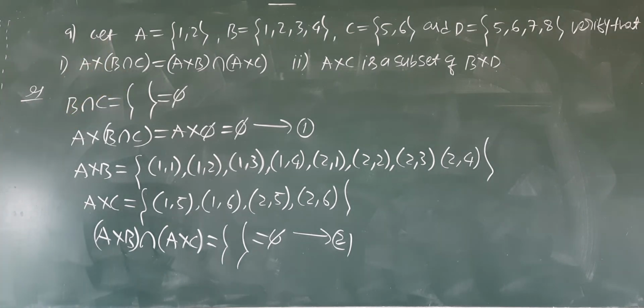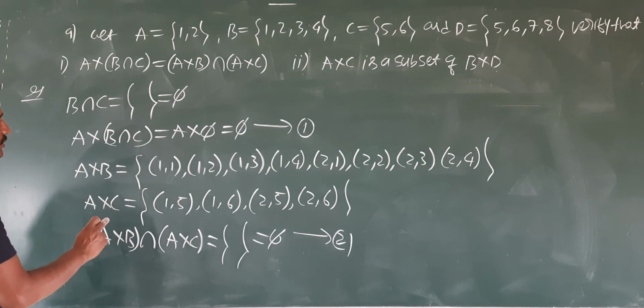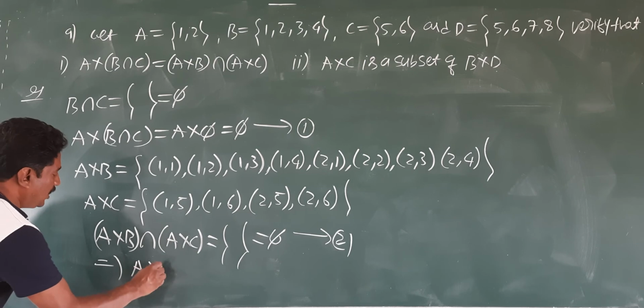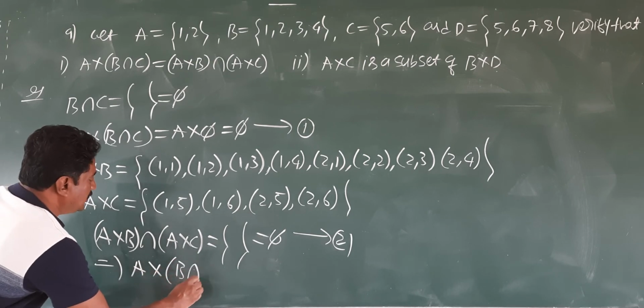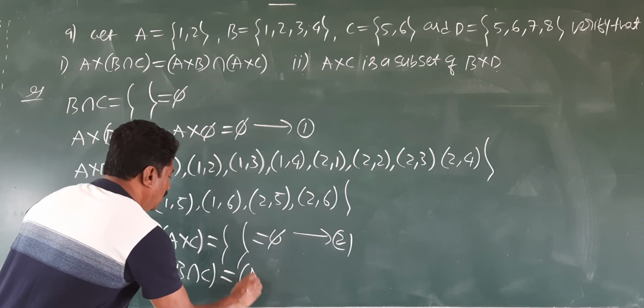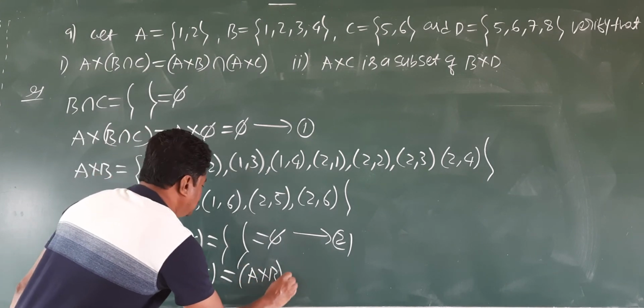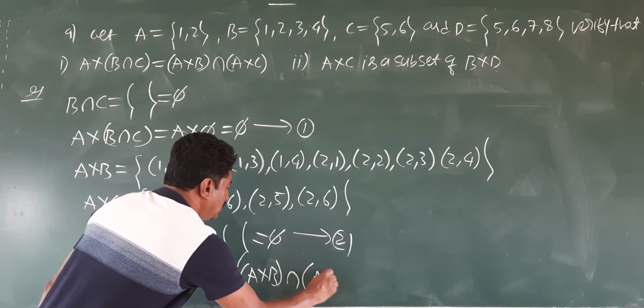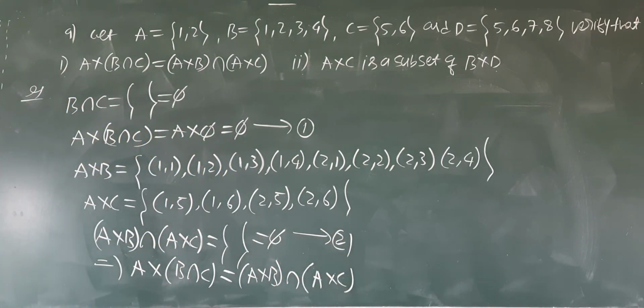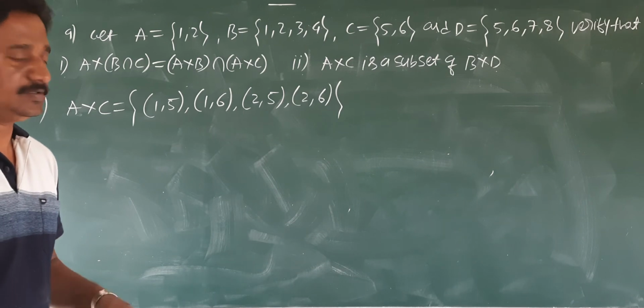From 1 and 2, this implies A cross (B intersection C) is equal to (A cross B) intersection (A cross C). So we proved it. Okay students, let us move on.